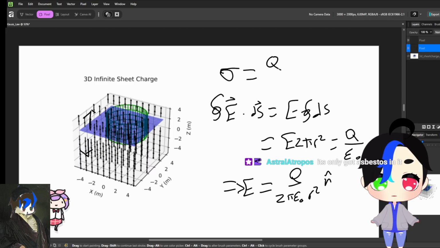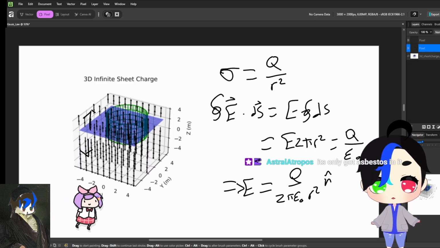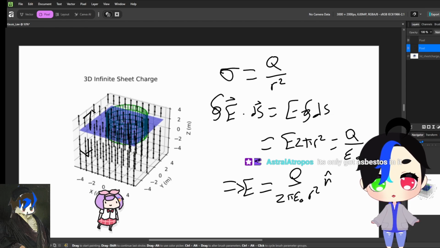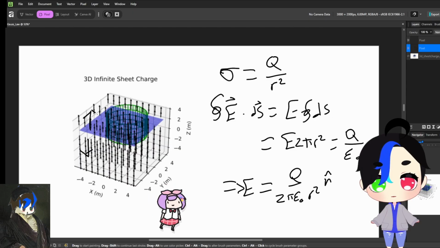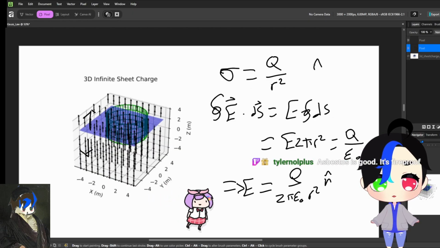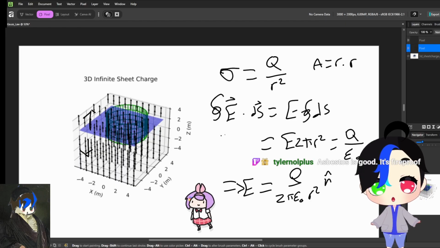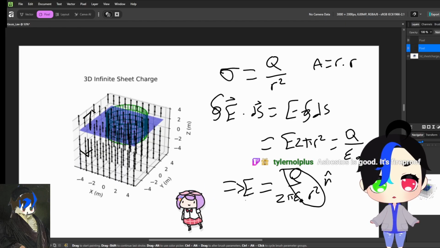But that doesn't mean that it can't still have a finite surface charge density, because even if your Q is infinite, so is your area. So if you think of an infinite sheet, the area is going to be r times r, or r squared.